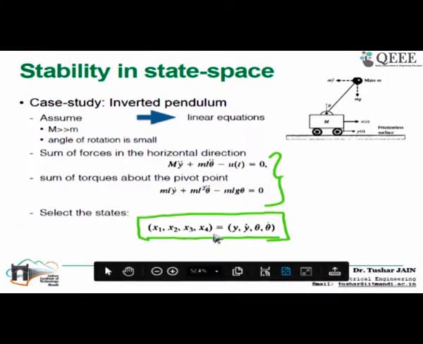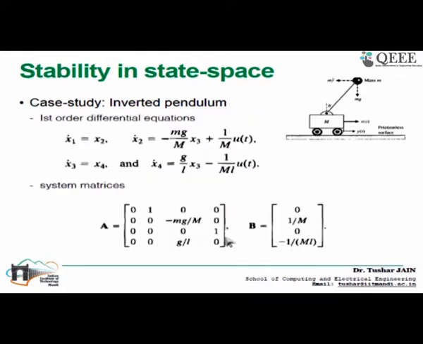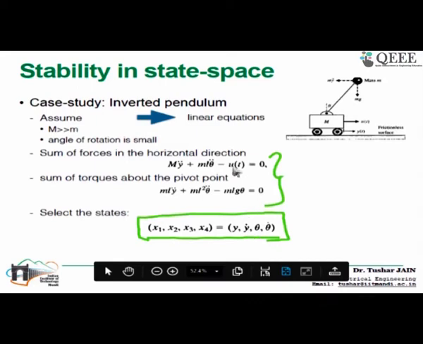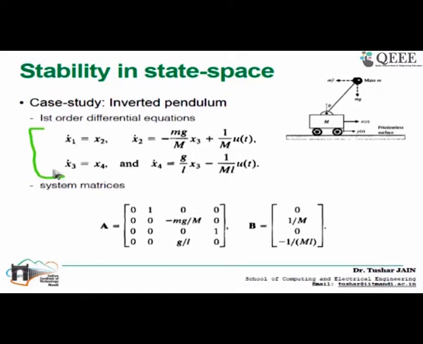I choose y, theta, and their derivatives, y dot and theta dot, as the 4 state variables. Using these 4 variables and these two equations, I wrote four first-order differential equations.